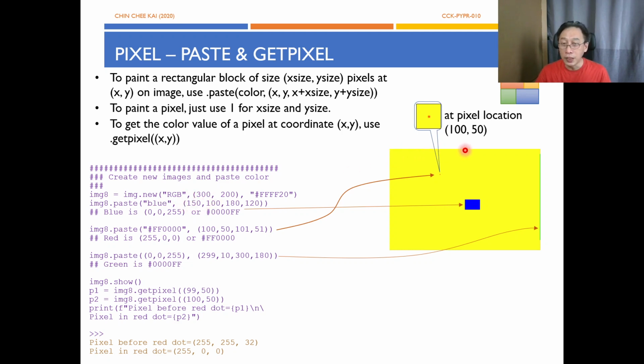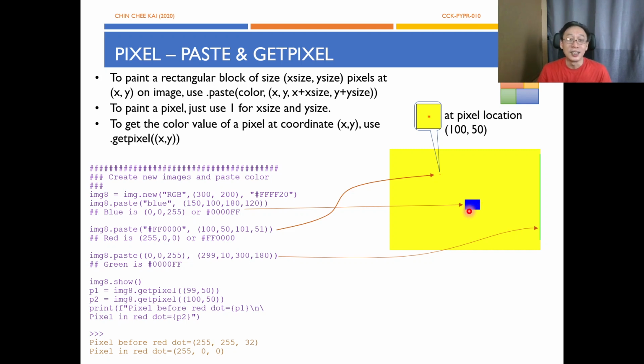So 150 here, 100 down. This is the starting point. Ending point is plus 30 pixels, plus 20 pixels. So that's 180, 120. So we get a bluish rectangular block painted here very efficiently. So the dot paste is able to utilize hardware if necessary to very efficiently paint it.